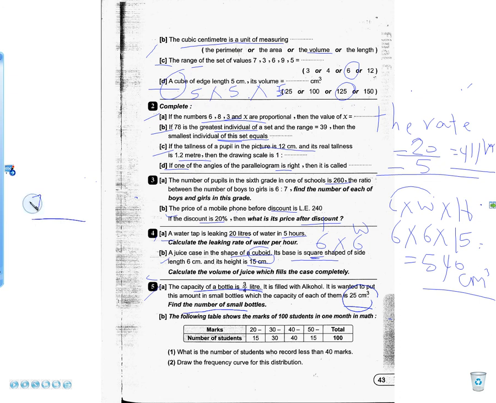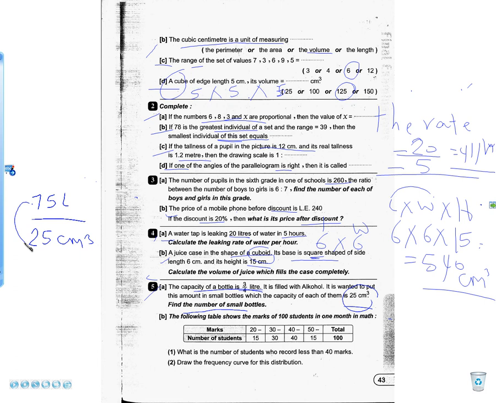3/4 is 0.75 if you use a calculator, so 0.75 liter over 25 centimeter cubed. We've learned it's better to convert a larger unit into a smaller one. Liter and centimeter cubed are measures we compared before; centimeter cubed and milliliter are the same as well.